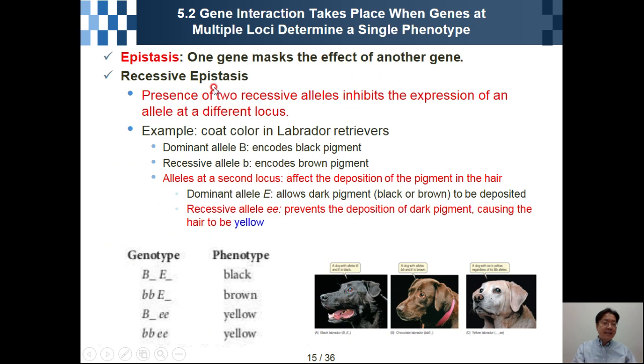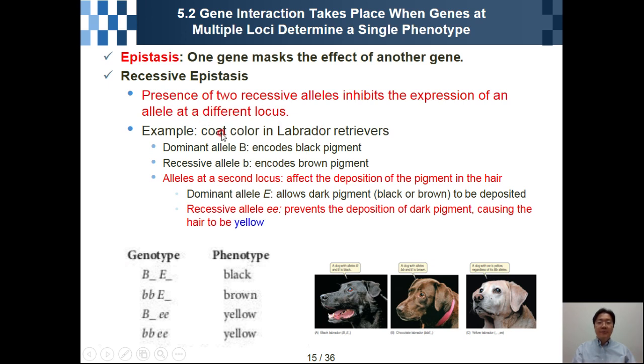Recessive epistasis means that the presence of two recessive alleles inhibits the expression of an allele at a different locus. Once again, the presence of two recessive alleles inhibits the expression of an allele at a different locus.